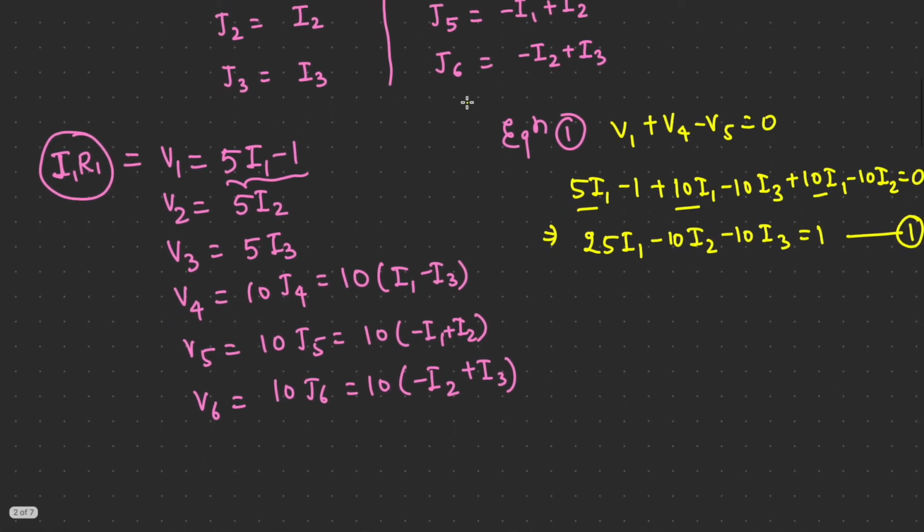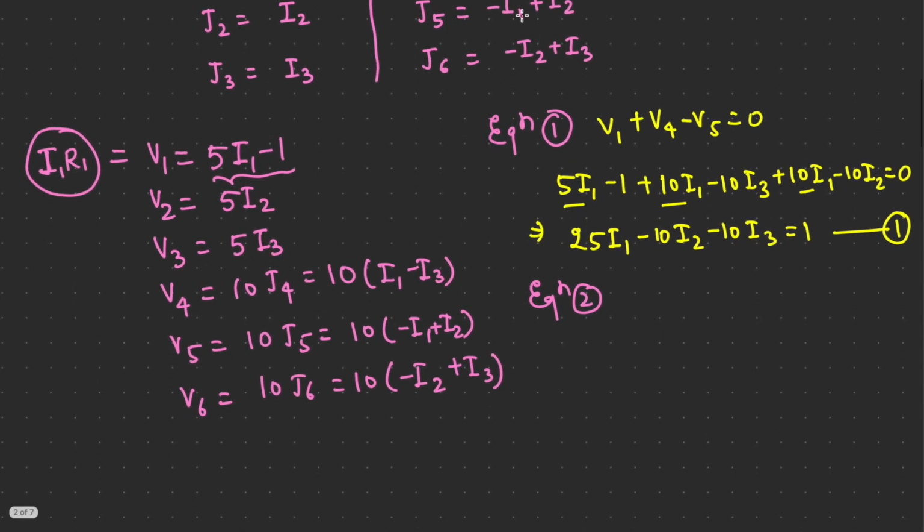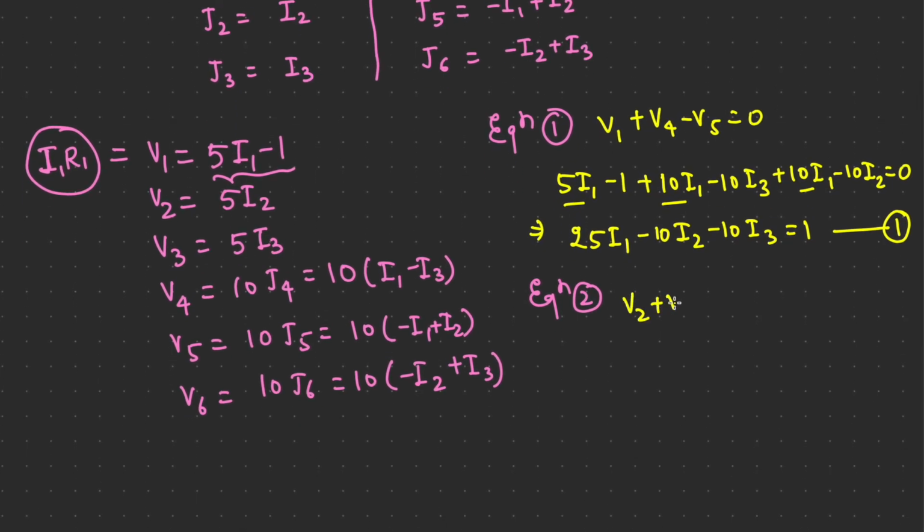Now we form equation 2. For equation 2 we need V2 plus V5 minus V6 equal to 0. V2 is 5I2, plus V5, which is 10 times minus I1 plus I2, minus V6, so minus 10 into minus I2 plus I3, equal to 0.